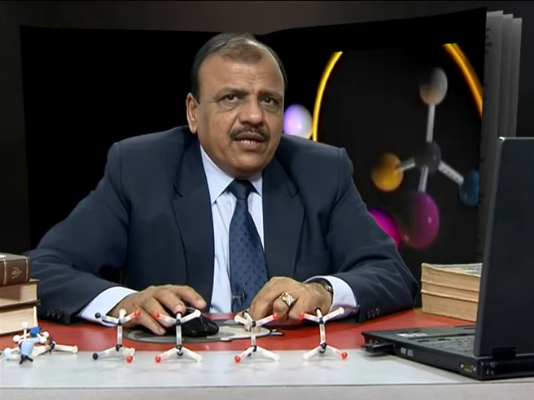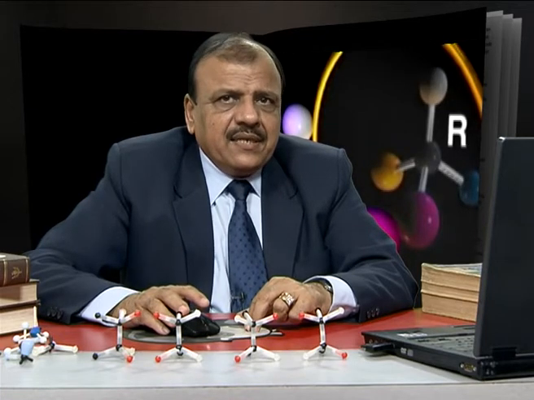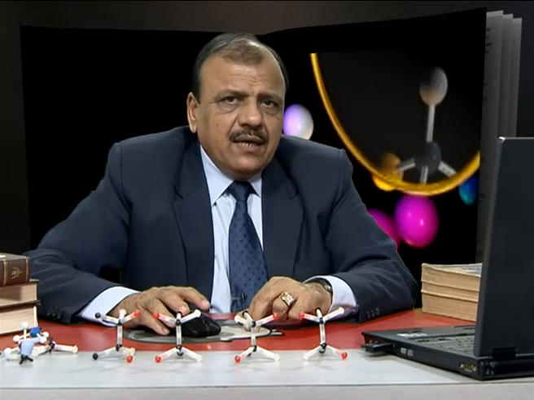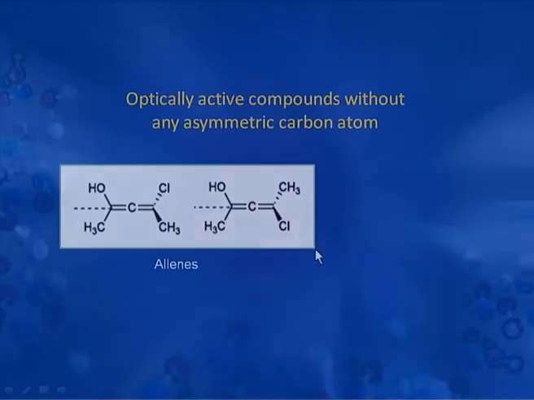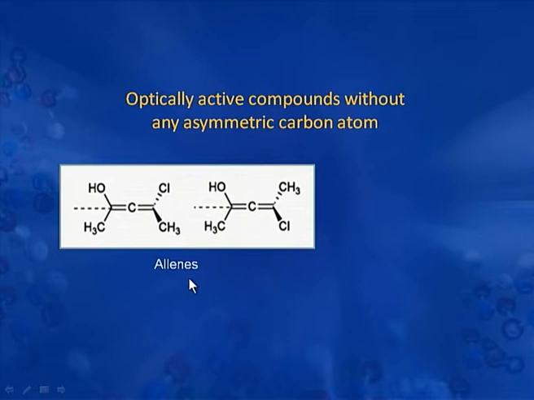Then there are some other molecules which do not contain an asymmetric carbon atom, but still they show optical activity or optical isomerism. One group of compounds are allenes. Actually, in these compounds they do not have a chiral center, but there is a chiral axis that is shown by this dotted line, and we call this a stereogenic center in terms of this axis.